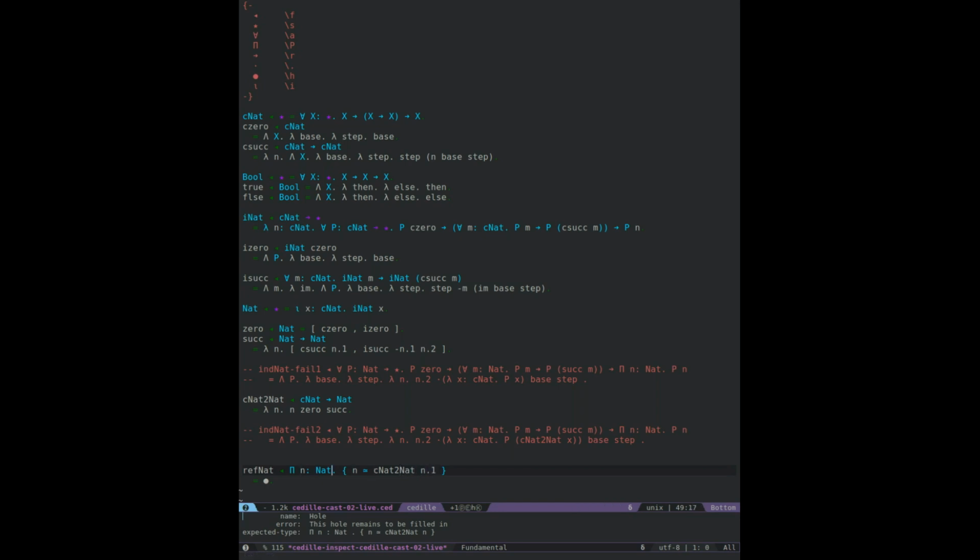But I could actually have just said CNAT. And now I have equality between two things that should not be the same type, where n should be a CNAT, and CNAT2NAT n should be a NAT.